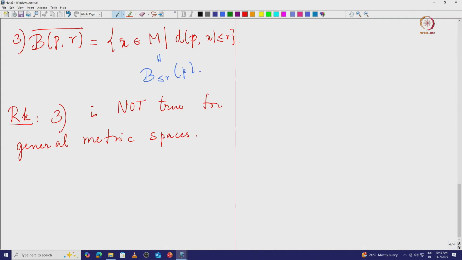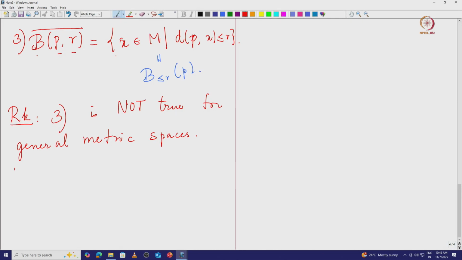Then you can cook up examples where the closure of this ball is basically the singleton set {P}, but the set on the right is actually the whole space. So you can cook up a discrete metric on any set so that this equality is not true.